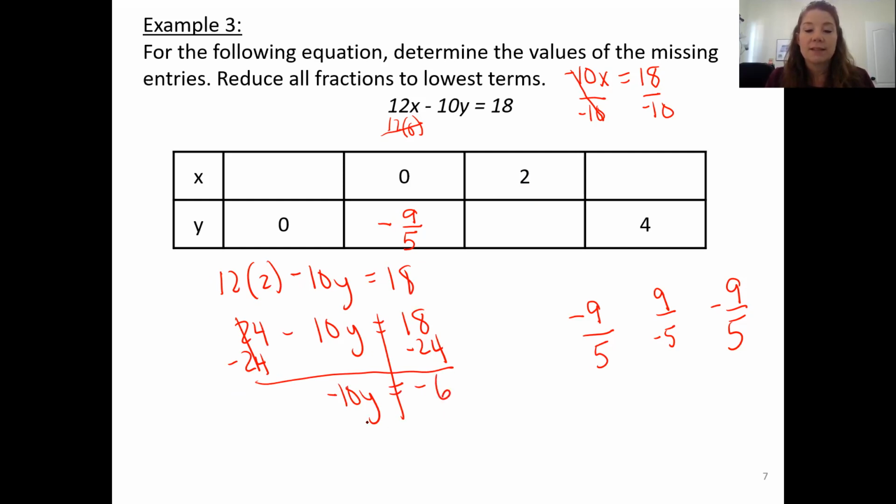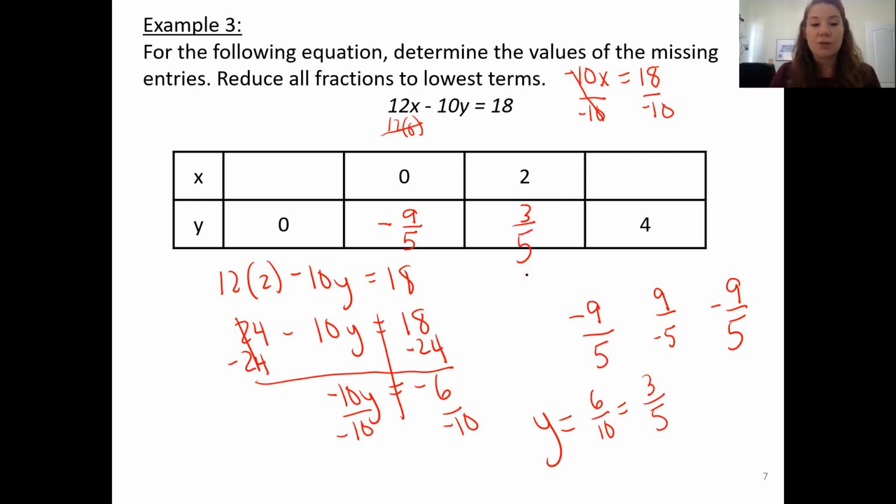Negative 6. Then the opposite of multiplying by negative 10, we're going to divide both sides by negative 10. So y is equal to, what is a negative divided by a negative? Positive. Positive 6/10. Divide both of those numbers by 2, and we get 3/5. So when x is 2, y is 3/5.